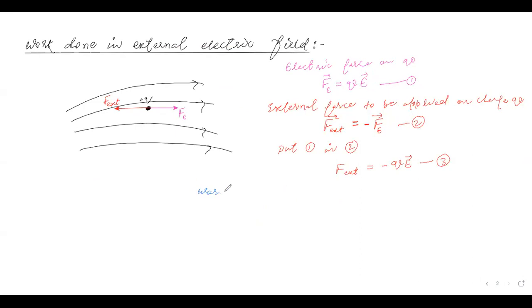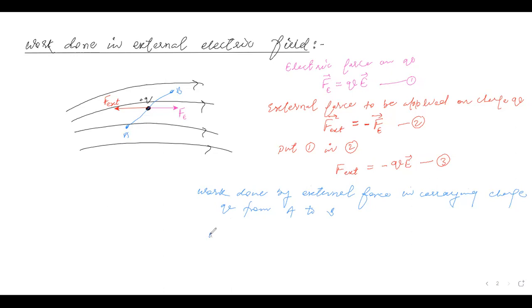Work done by external force in carrying charge Q from A to B. Suppose that we are carrying this charge from point A to the point B. Then in what amount is the work to be done?